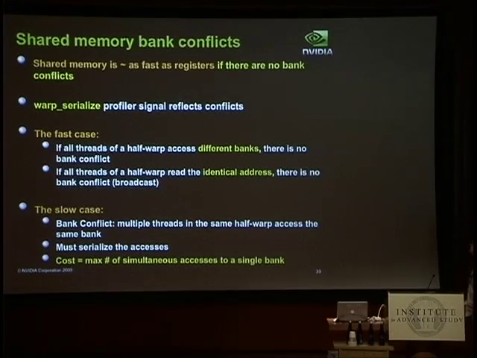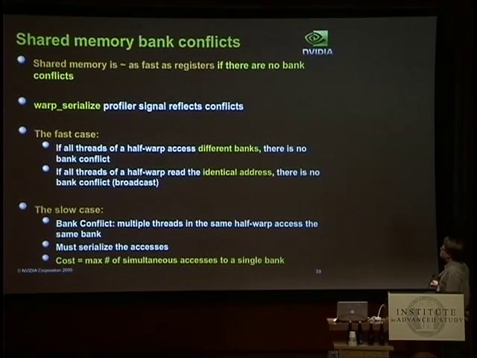Okay. So shared memory is stupendously fast if there are no bank conflicts. And there are some profiler signals that we've not talked about that can help you decode this stuff. But here are the 2 examples. If all the 16 threads are accessing different banks, everything is fine.